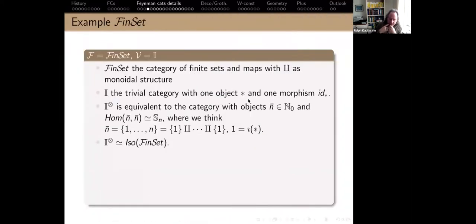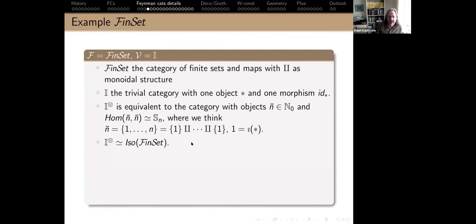So here's an example which we've also seen before, but there's maybe a little twist. Let's just take finite sets. We know that with disjoint union, the vertices will be just the trivial category with one object and its identity morphism. If we look at the free monoidal category, we take this one object and take disjoint union of it. If you take disjoint union of one atom, you can get any finite set up to bijection. And that's exactly what this line says.